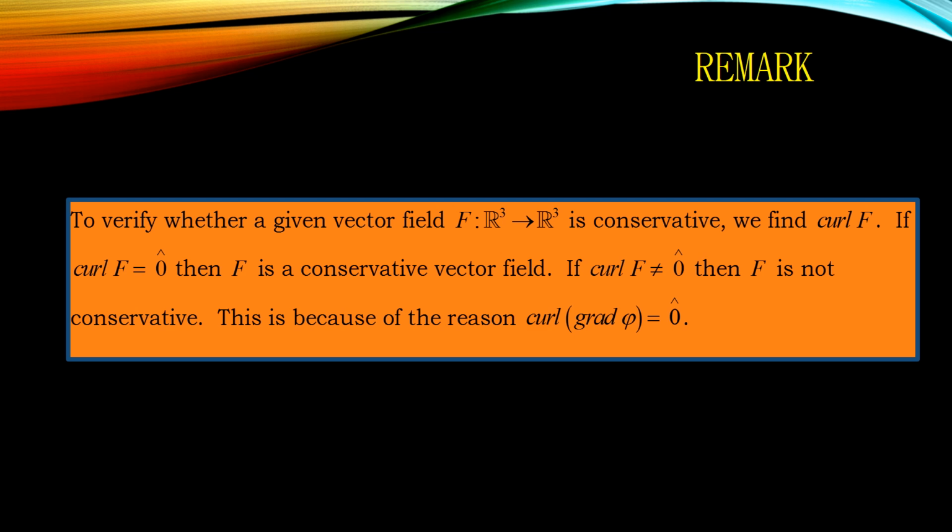So in every problem, if we want to prove that a given vector field is conservative, first we find out its curl. If curl F equals 0 cap, we conclude that the given vector field F is conservative. If curl F not equal to 0 cap, we conclude that F is not a conservative vector field.